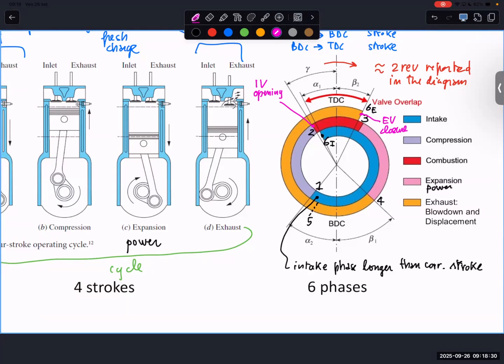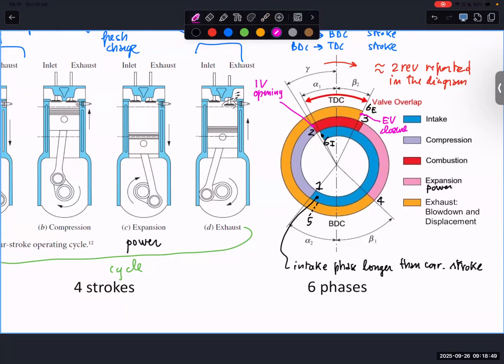So there is an angle that is indicated with this red angle, in which two valves are open, and this is called the valve overlap period.